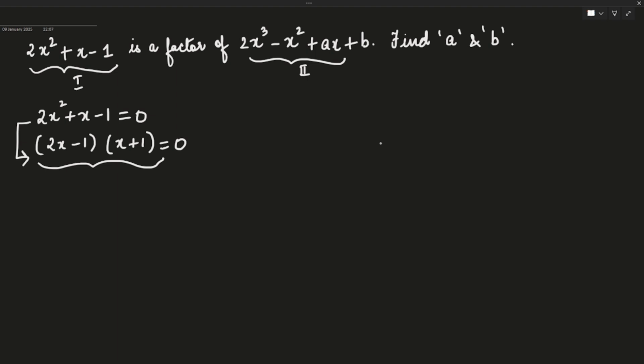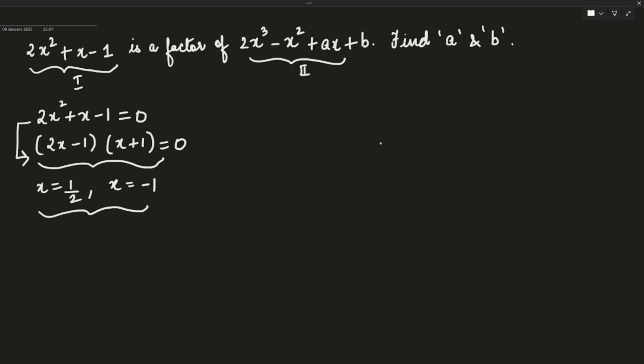So we find the values of x: from here x is equal to 1 by 2, and from here x is equal to minus 1. We'll put x equal to 1 by 2 and x equal to minus 1 in the second polynomial and equate it to 0.